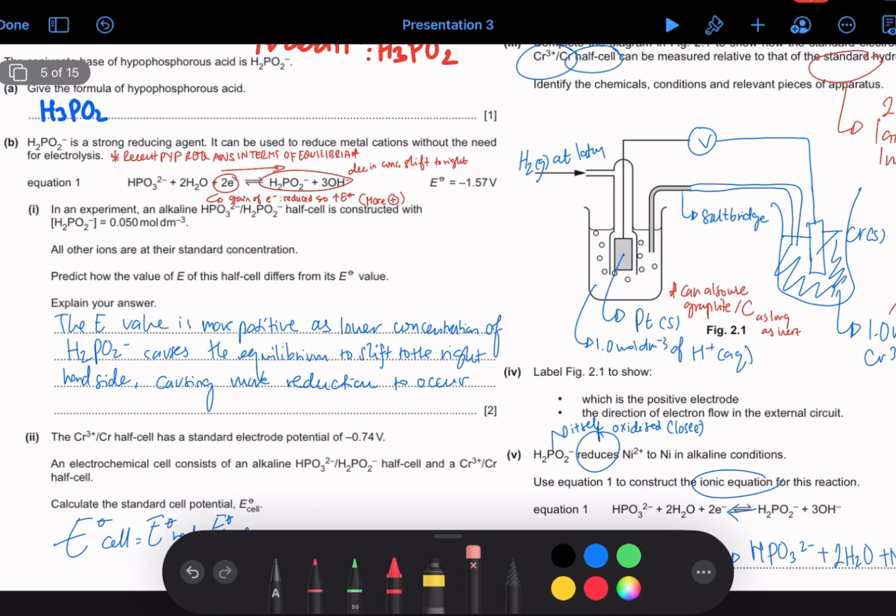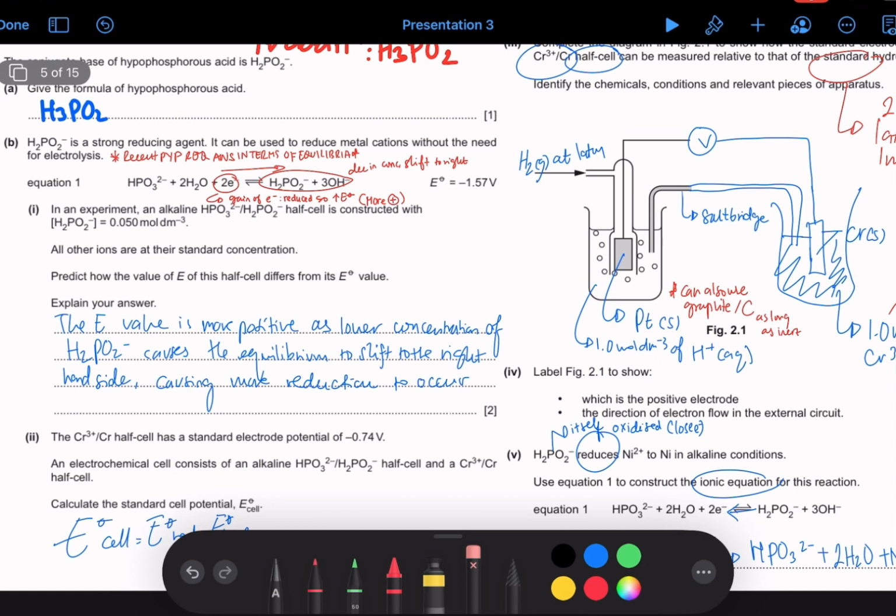All other ions are at their standard concentration. Predict how the value of E of this half cell differs from its standard value. Explain your answer. Your E value is more positive as the concentration of H2PO2- becomes lower.